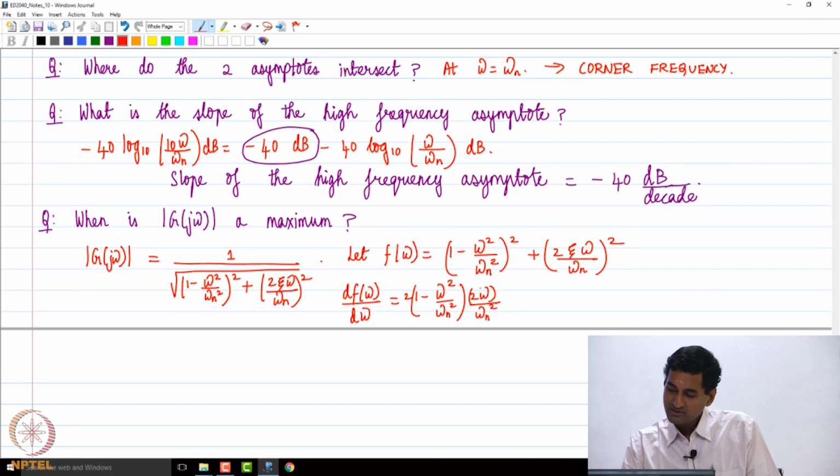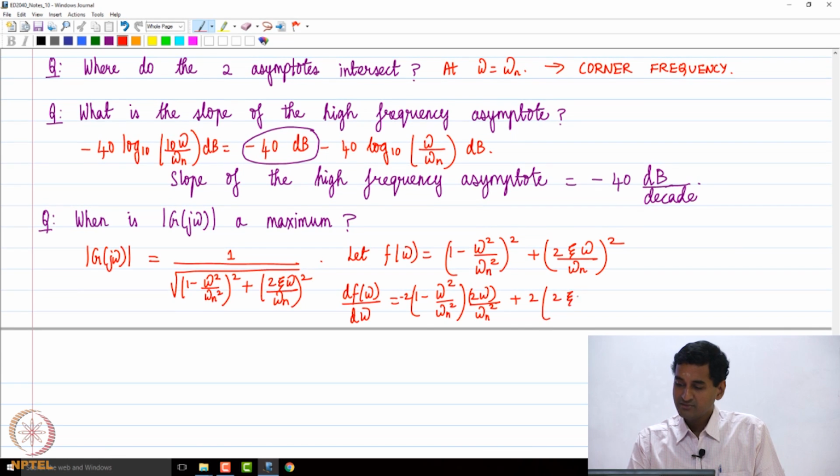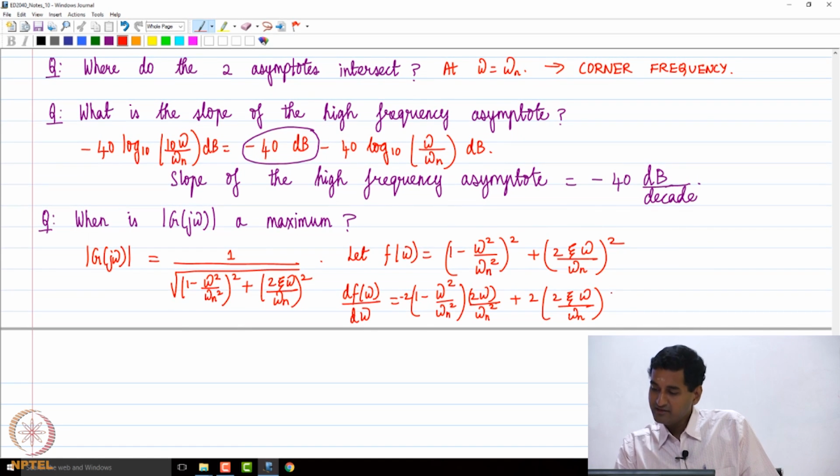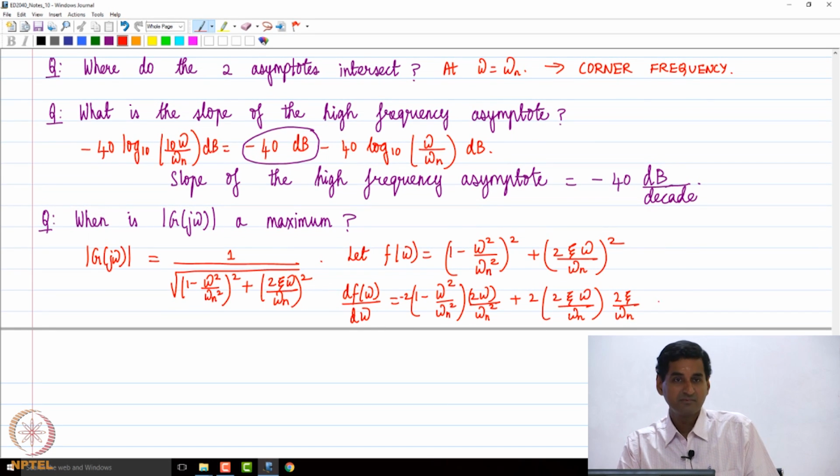Then I will have 2 times 2ζ by ωn, correct. Then I will have 2ζ by ωn, correct. So this should be equal to 0.